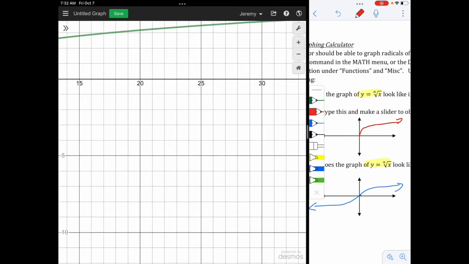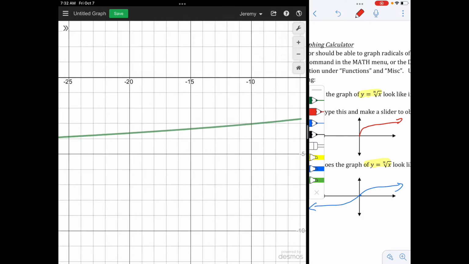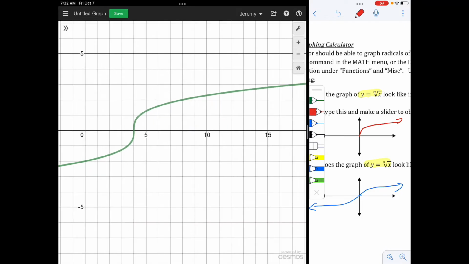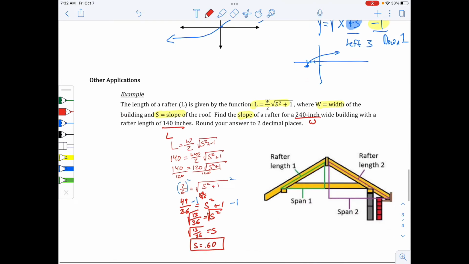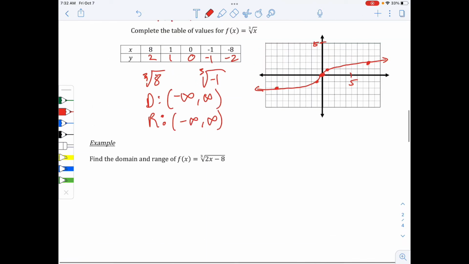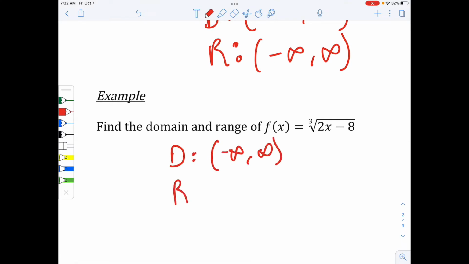So you can put any x number in there. Negative, same thing, and it's going down forever. So that's kind of what the picture looks like. It's very similar. So, come back to our problem. Here we are. The domain is all real numbers again, and the range is all real numbers. Again, this is a cube root.